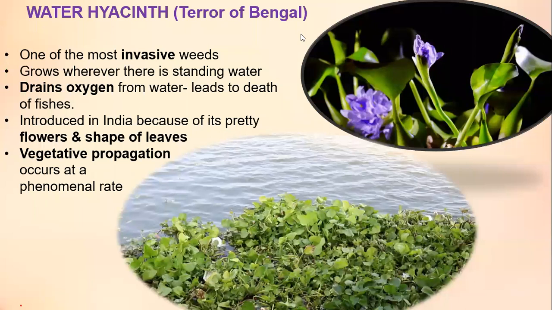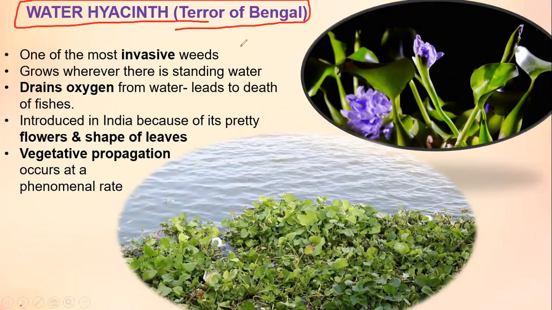Okay, this is water hyacinth, a very important one. One second, children. Yes, clear. Water hyacinth is known as the terror of Bengal. Why? Because through offset formation, the vegetative propagule is offset, it spreads at an enormous rate. Look how it is covering.